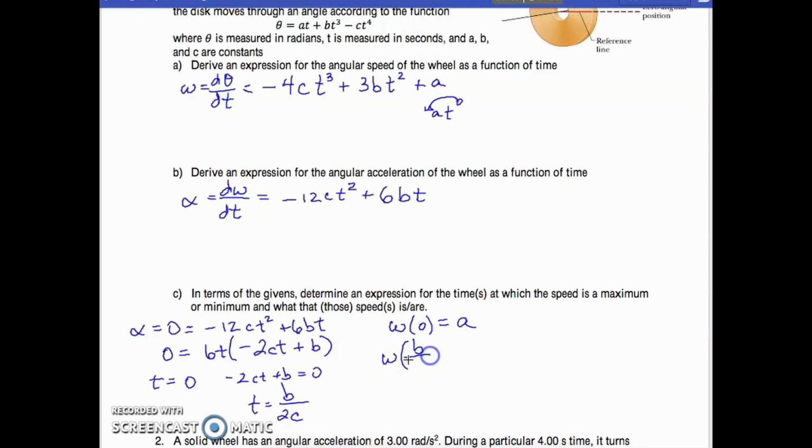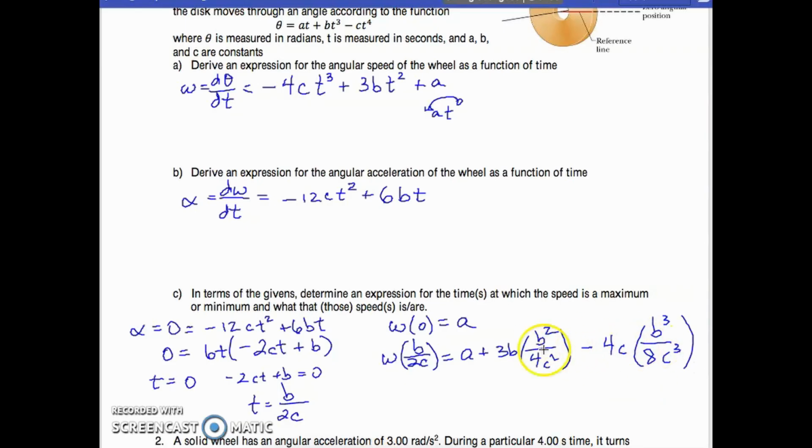If we plug in b over 2c into this expression, we get a plus 3b, b squared over 4c squared, minus 4c, then b cubed over 8c cubed.